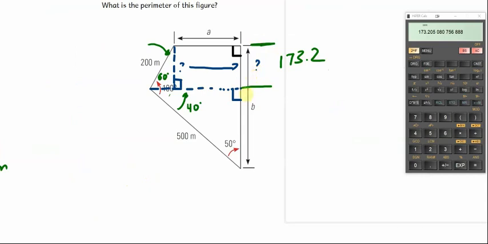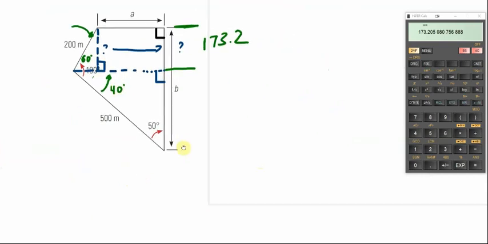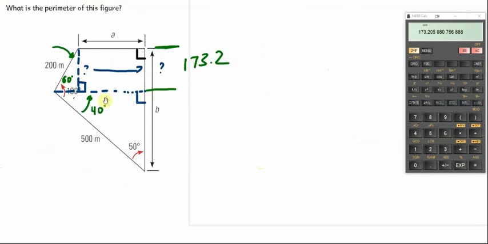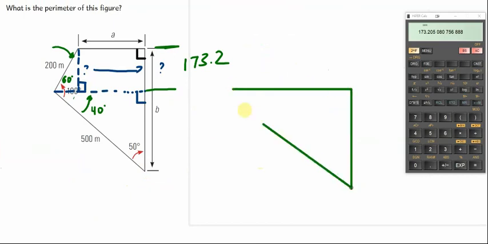All right, so now I'm going to switch modes and go down to this big triangle down here. I know these are confusing questions because there's lots of parts to them. I'm going to redraw my information here, here, here. And I'll fill in the information I have. I've got a 50.